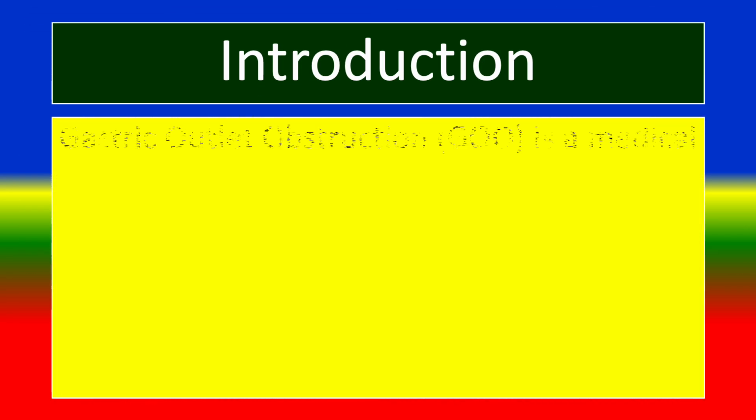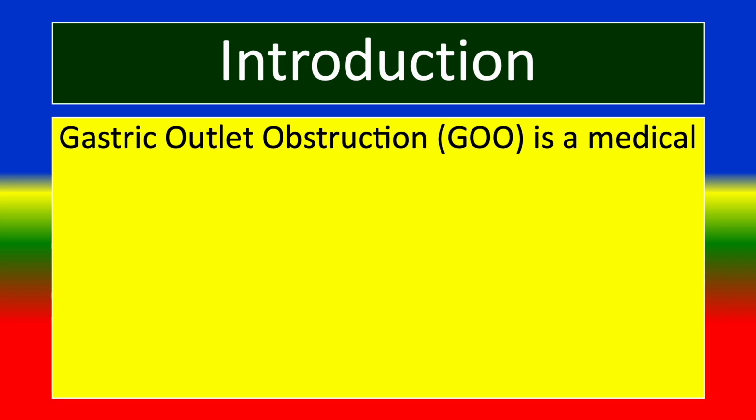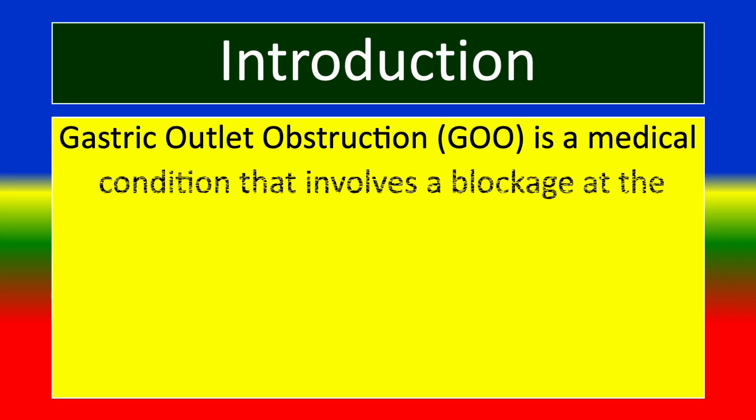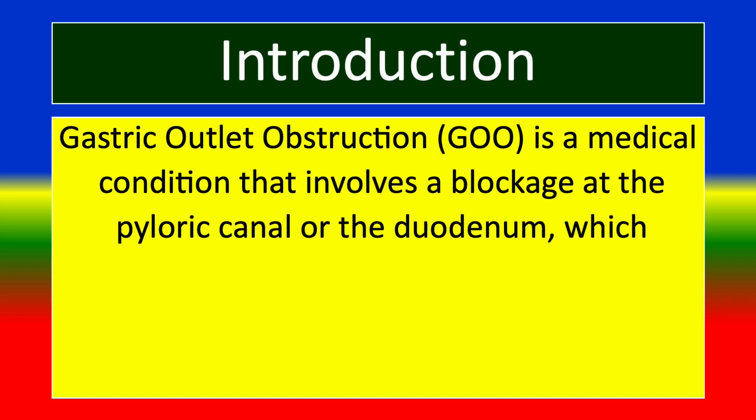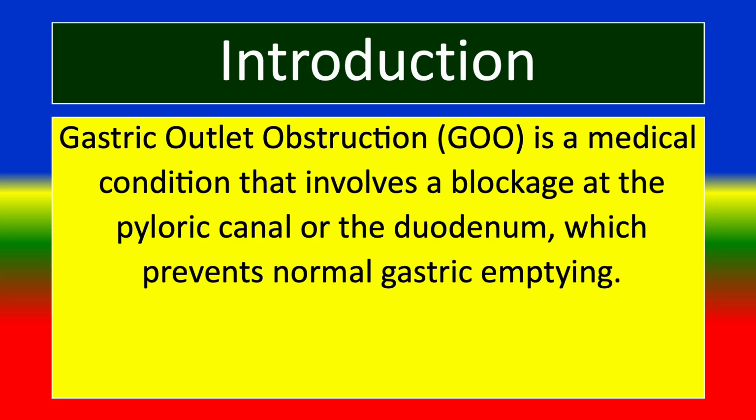Introduction. Gastric outlet obstruction is a medical condition that involves a blockage at the pyloric canal or the duodenum, which prevents normal gastric emptying.